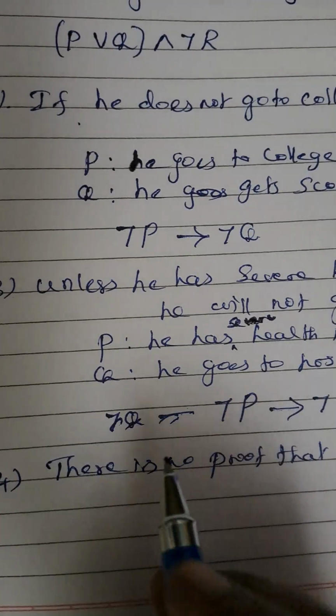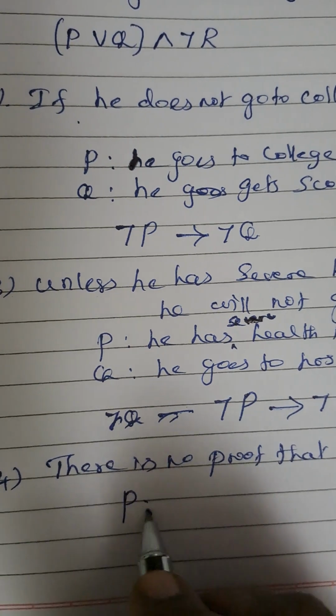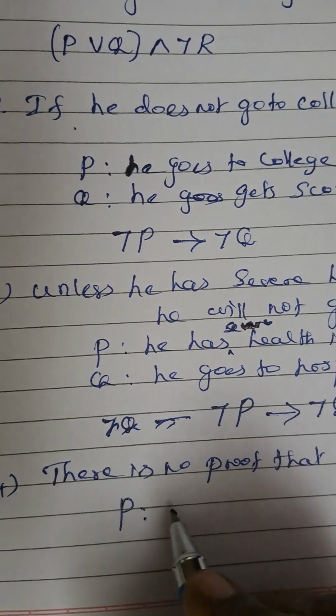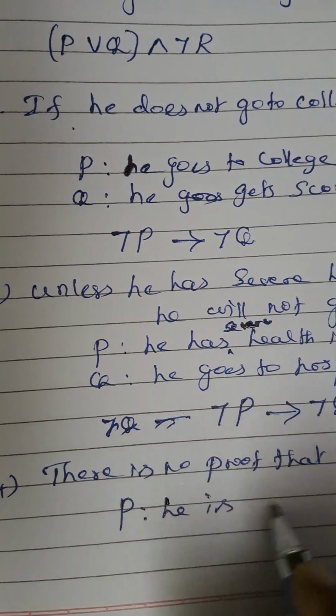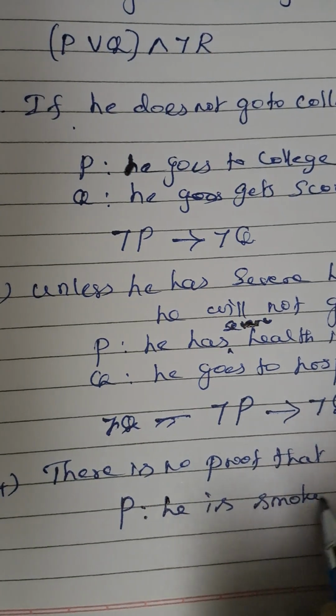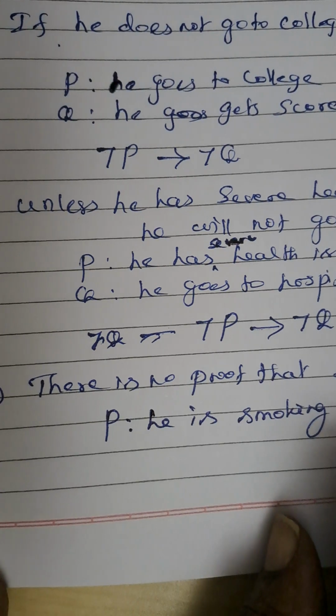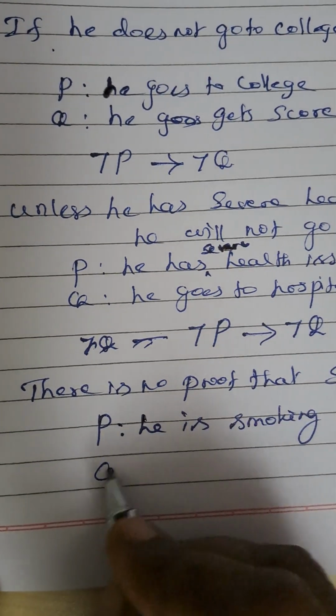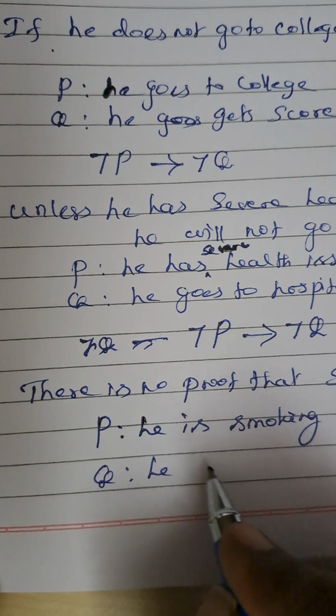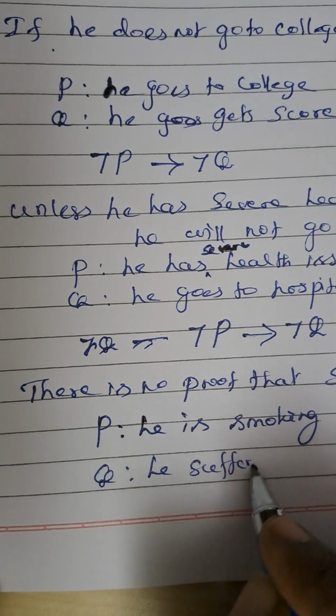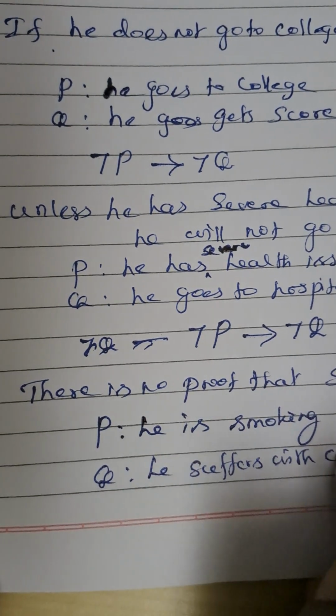So here for this we can write P, he is smoking. And Q, he suffers with cancer.